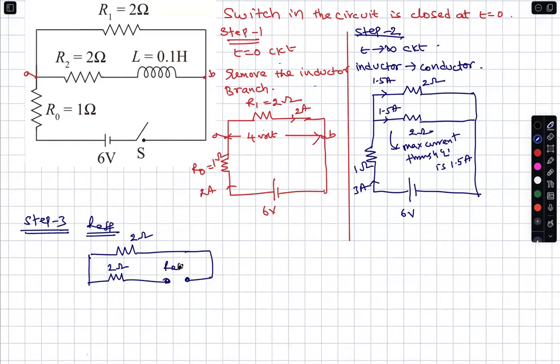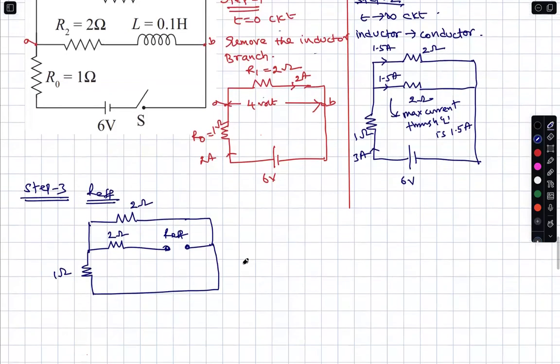This is R effective. This is 1 ohm. That's the picture. Remove the battery with its internal resistance.